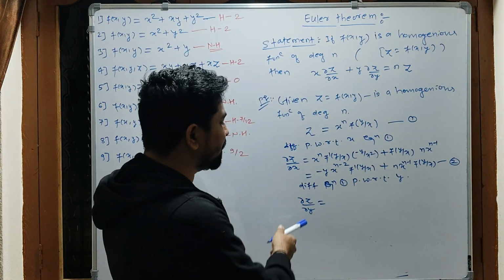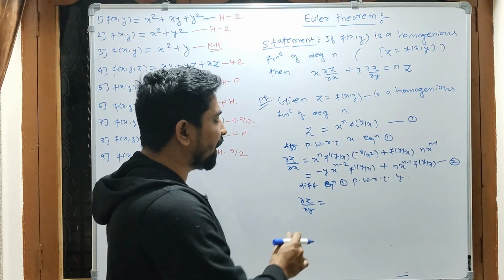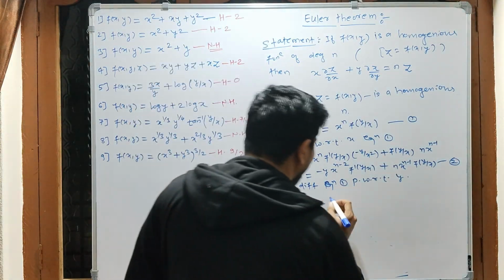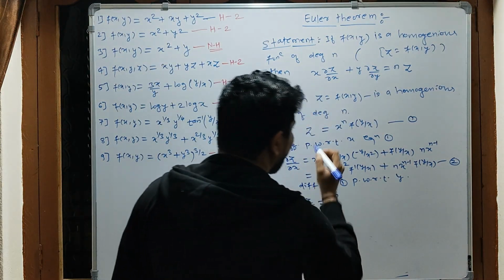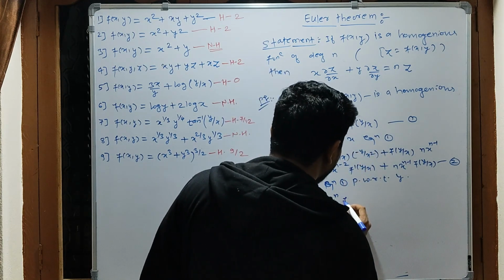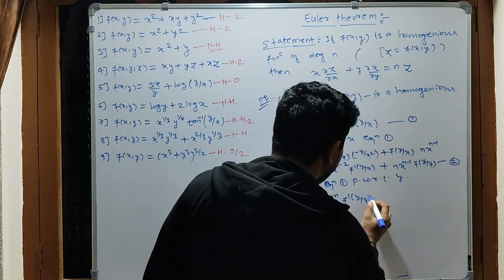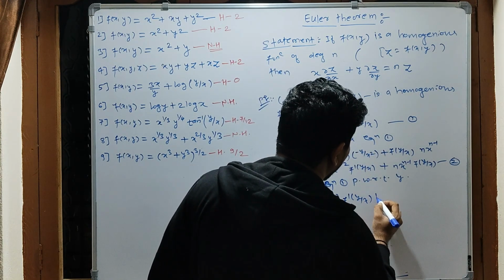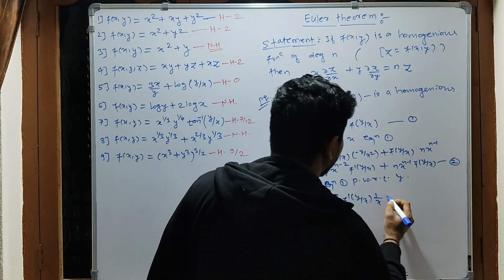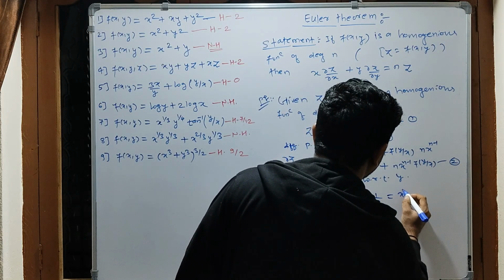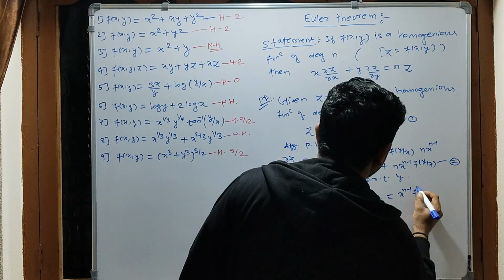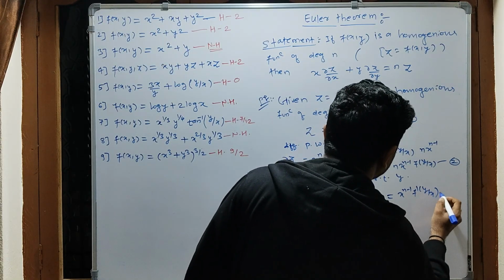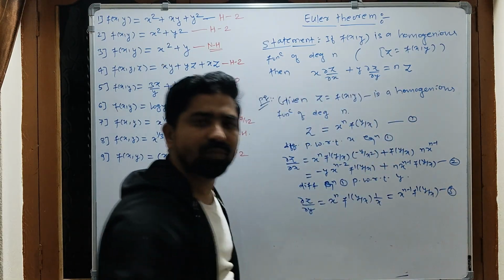Now I want to take the partial derivative of z with respect to y, so here I will treat x as a constant. So x to the power n is my constant and the derivative is f dash of y by x into 1 by x, which is equal to x to the power n minus 1 into f dash of y by x. This is my equation number 3.